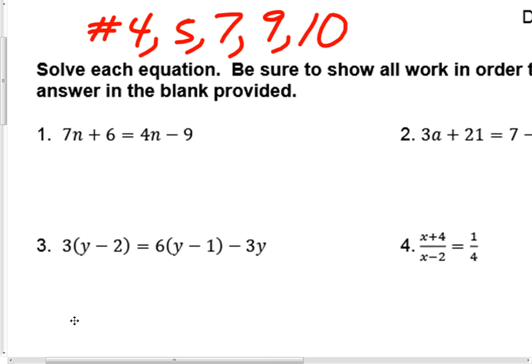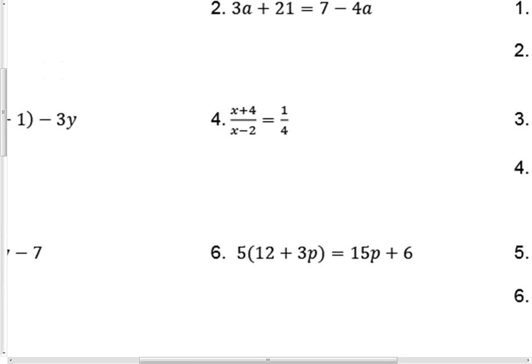Do what you can. If you're not sure about something, move on because we will be going over this. I'm going to give you a shortcut.